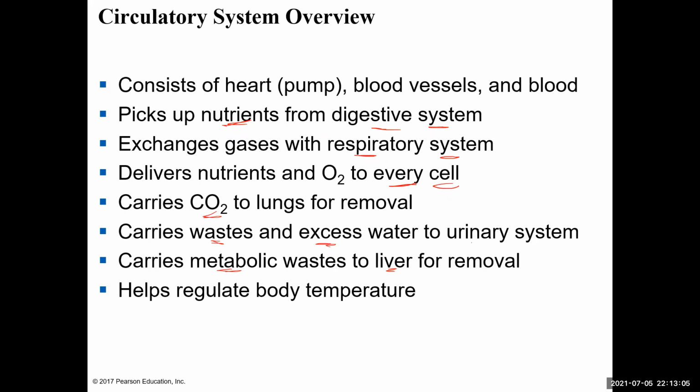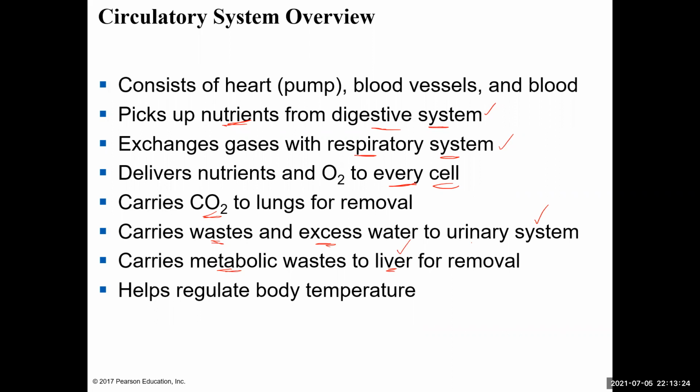And so not only does the blood interact with all of these other organ systems, the digestive system, the respiratory system, the urinary system, and one of the accessory organs of the digestive system, which is the liver.